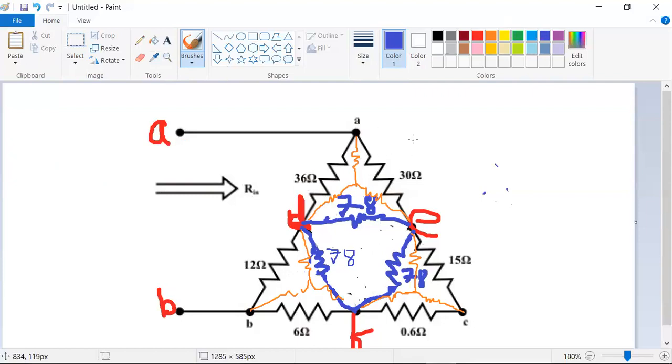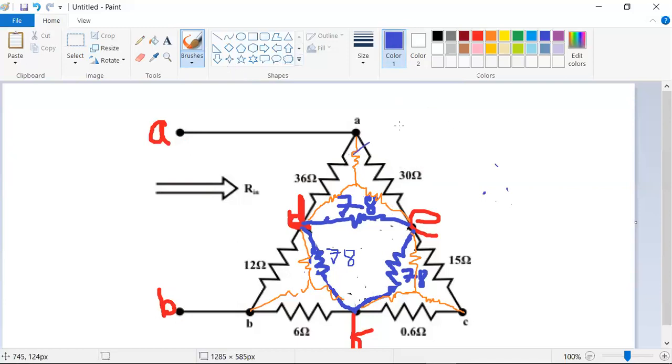For the conversion from delta to star, as you know, what's the formula? Delta to star conversion. RA, if this is RA, is equal to 30 into 36 by the summation of these three resistor values. So let me do that one by one.